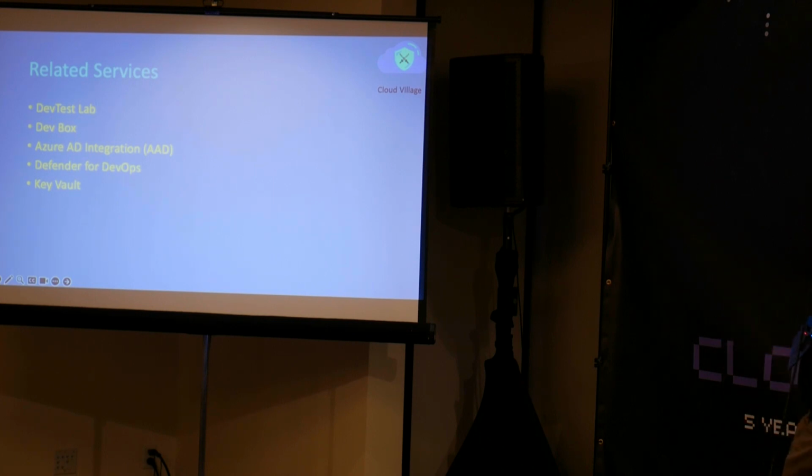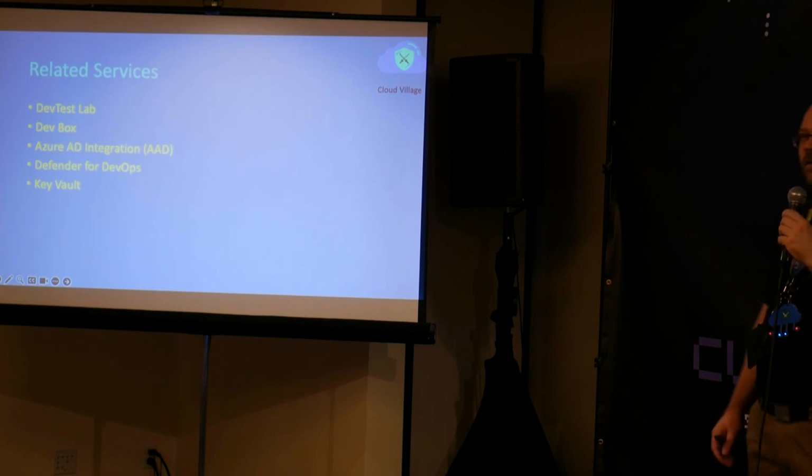Also, it's highly recommended to integrate Azure DevOps with Azure Active Directory, because depending on your license, it will come with conditional access policy or privileged identity management. And there is Defender for everything, so DevOps is also not an exception.